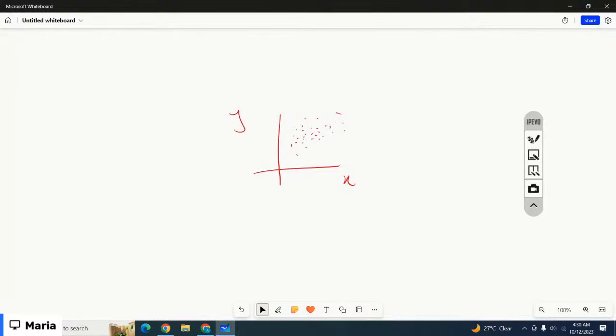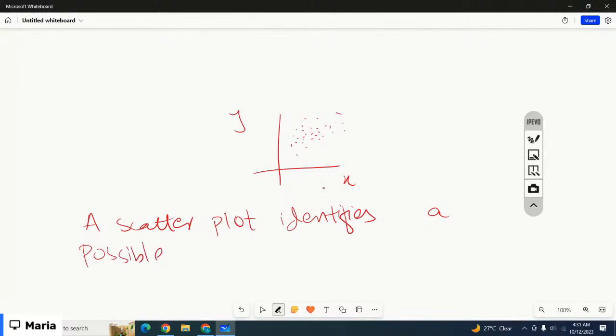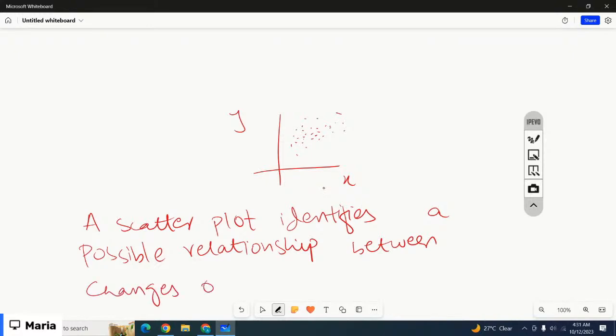You can note down the definition. A scatter plot identifies a possible relationship between changes observed in two different sets of variables.